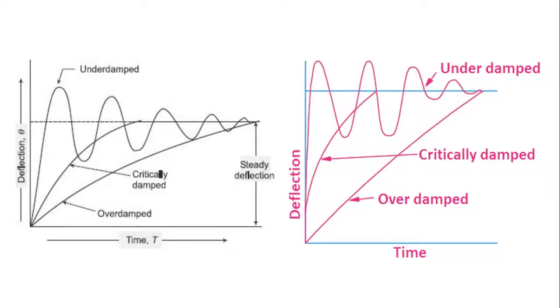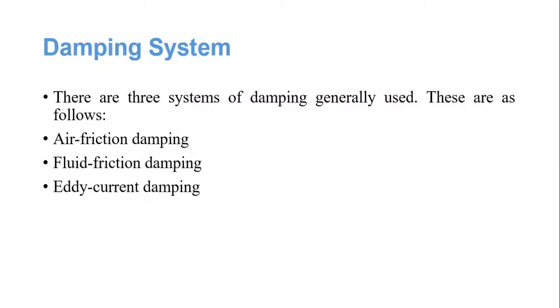These systems are there for controlling the torque, and with damping we need to stop the system as and when needed as per our choice. So, the first is the damping system. There are three damping systems: air friction damping, fluid friction damping and eddy current damping.